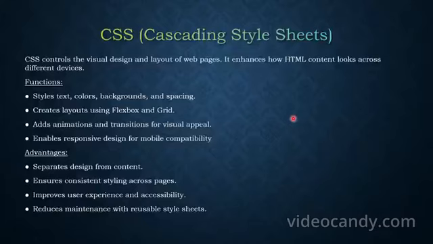Next, we go to CSS. CSS means Cascading Style Sheets. CSS was used extensively to design the overall look and feel of the platform. I used Flexbox, Bootstrap, and custom CSS to create a clean layout, responsive cards, and visually appealing pages.